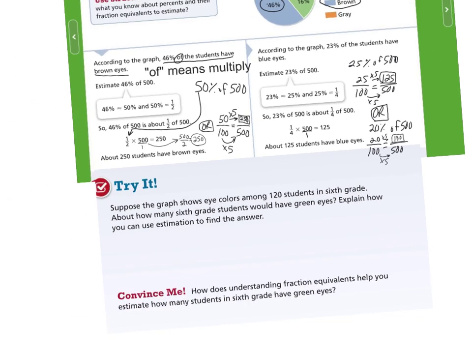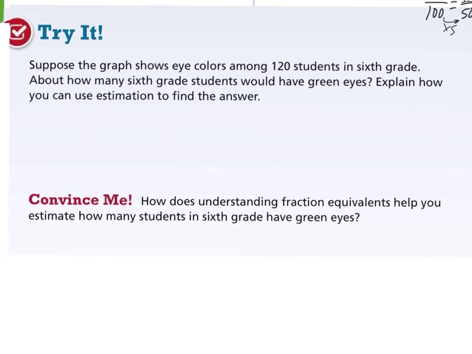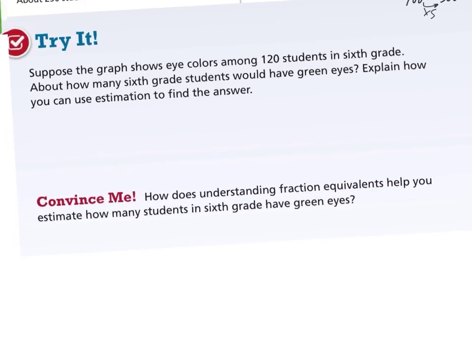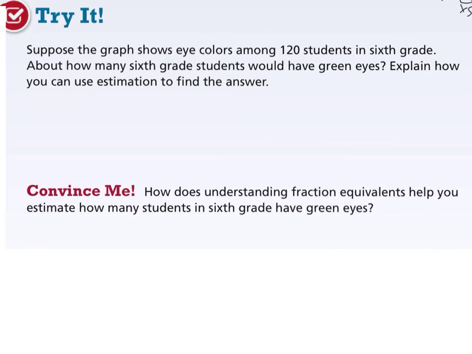So if we look at the try it, suppose the graph shows eye colors among 120 students in 6th grade. So now they're changing the number here. About how many 6th grade students would have green eyes? If we go back and look up at our chart, green eyes is 16%.